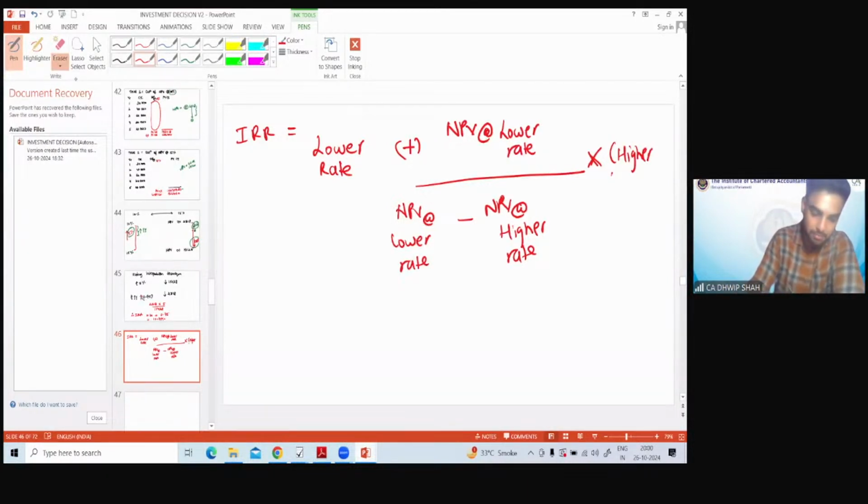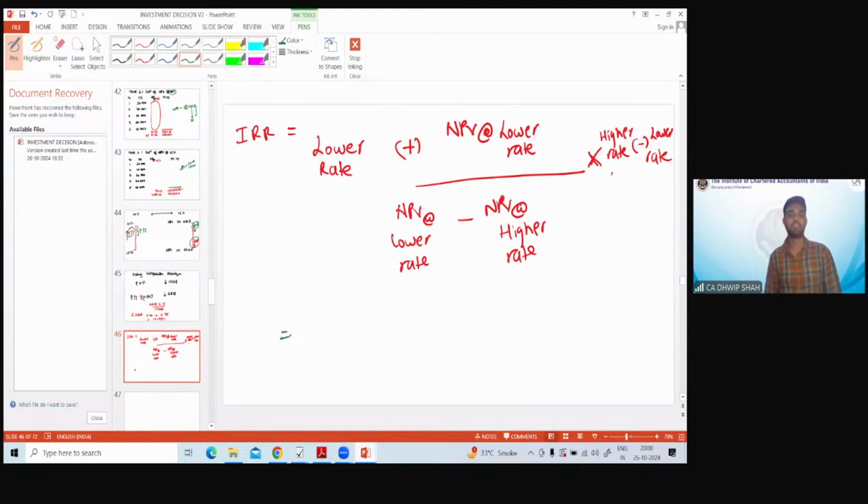I ran out of space. Multiplied by higher rate less lower rate. See, if I had told you this formula earlier, you wouldn't have understood anything. But now, let's solve using this formula.